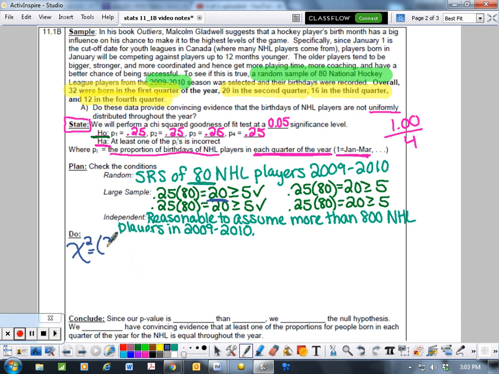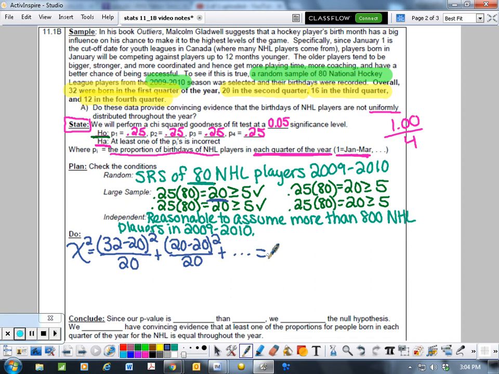So we're going to do 32 minus 20, and that is squared. And then I divide by the expected. And then I calculate for the next one. So 20 minus 20 squared divided by the expected. And then I would keep going. We only have to list out the first 2, so that's what I'm going to do.